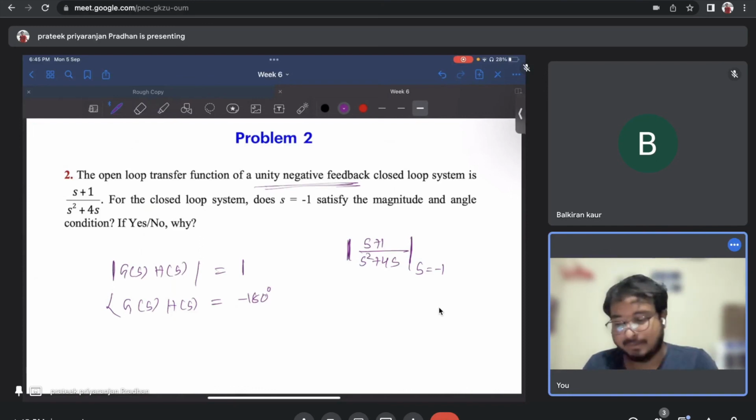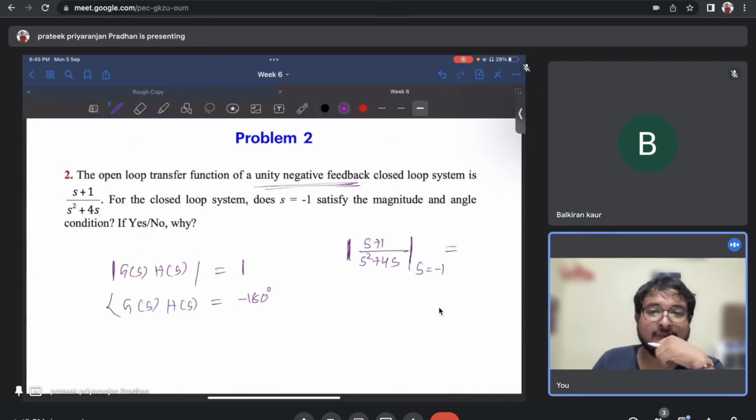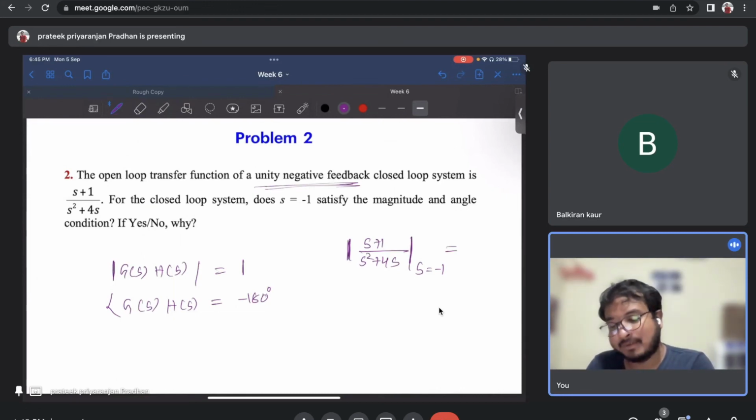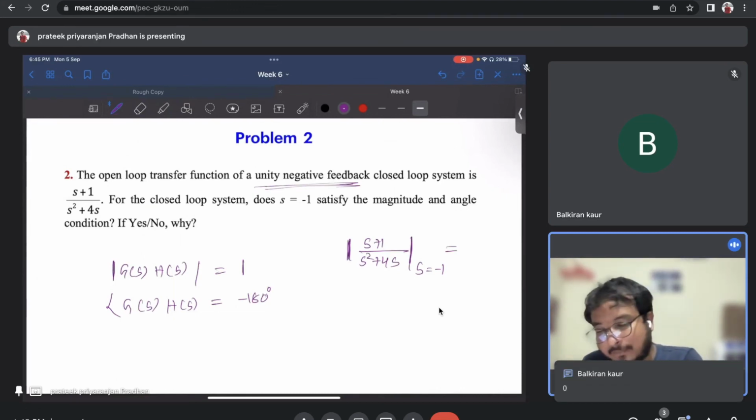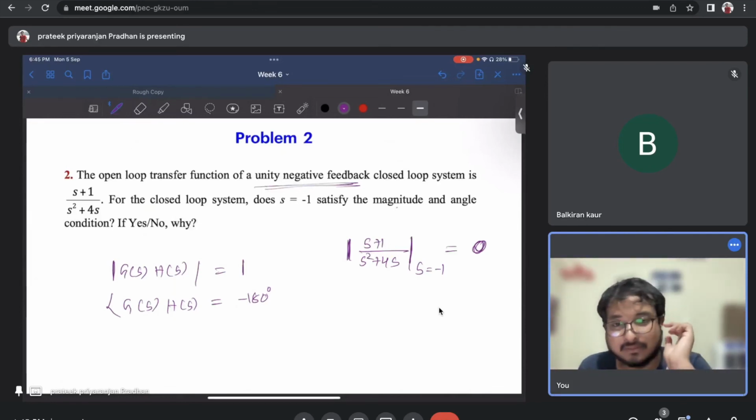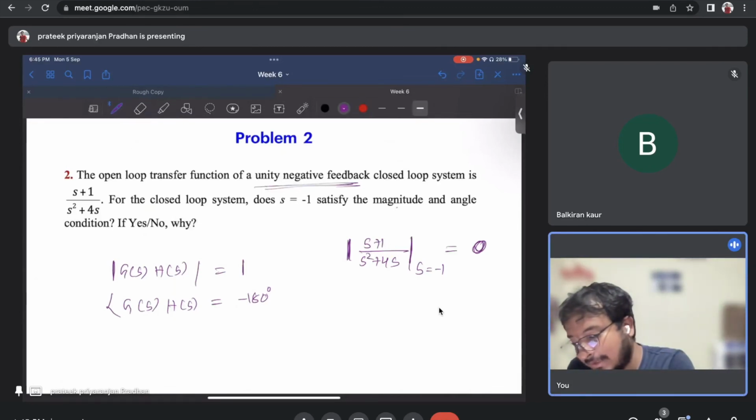Can you calculate and tell me what is the magnitude here? If you put s equal to -1, the magnitude will come at 0. Very good. That means the magnitude criteria is not satisfied.